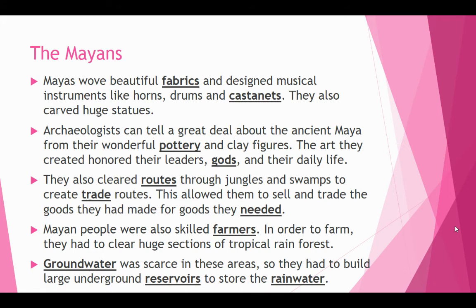Archaeologists can tell a great deal about the ancient Maya from their wonderful pottery and clay figures. The art they created honored their leaders, gods, and daily life. They also cleared routes through jungle and swamps to create trade routes. This allowed them to sell and trade goods they made for goods that they needed.